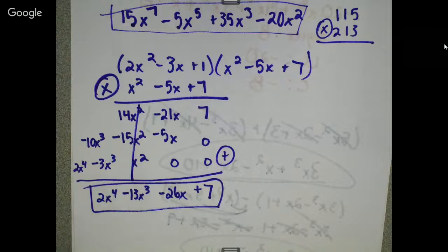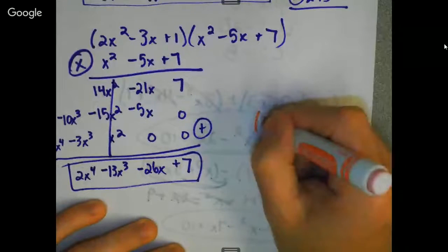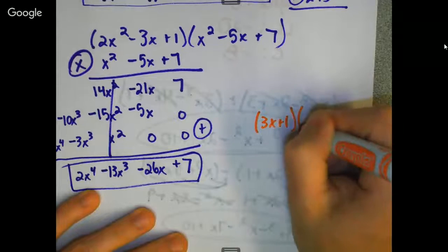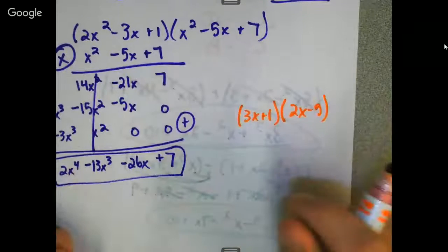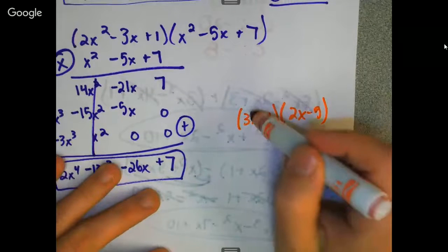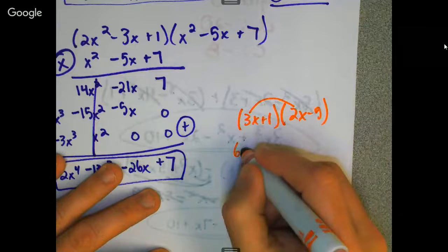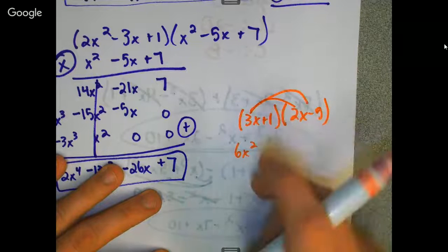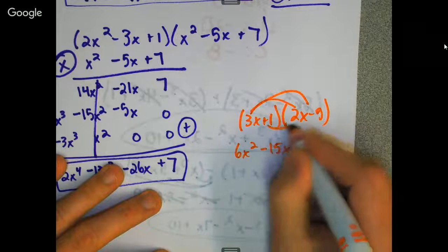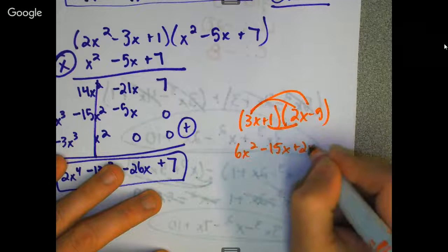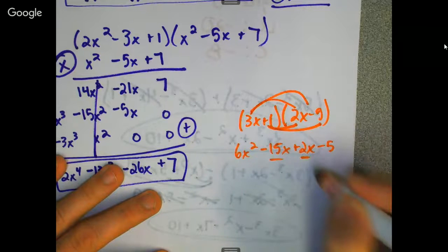You can go on a simple route too. We can check out 3x plus 1, 2x minus 5. We could stack that just like we did that one, or we could do simple FOIL. So that's 3x times 2x is 6x squared. 3x times negative 5 is minus 15x. 1 times 2x, 1 times negative 5, and then again we look for like terms.